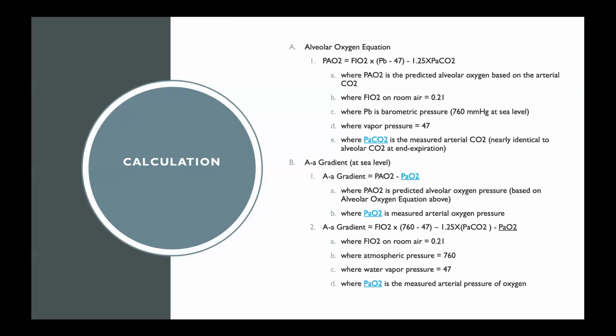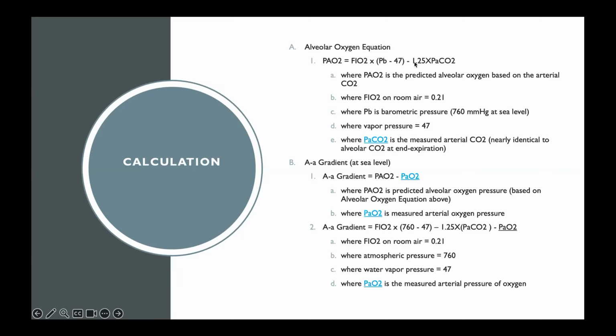You multiply atmospheric pressure, PB, by 0.21. 47 is the water vapor pressure, so we reduce the 47 due to water in the air. In that FiO2 you get the atmospheric oxygen. From there you reduce the next part of the calculation.